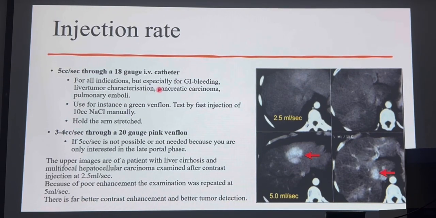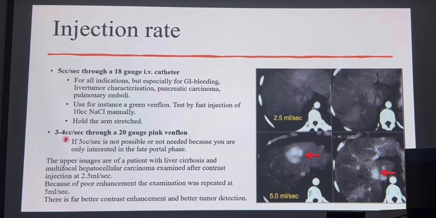Remember this fact. A 5 cc per second flow rate in a large cannula is ideal for detecting early arterial hypervascular lesions. We will lose them if we give a lesser amount of contrast, lesser flow, and a smaller gauge of cannula.